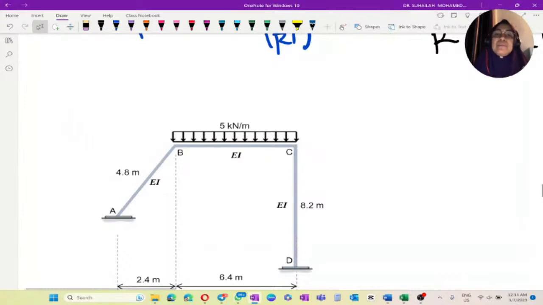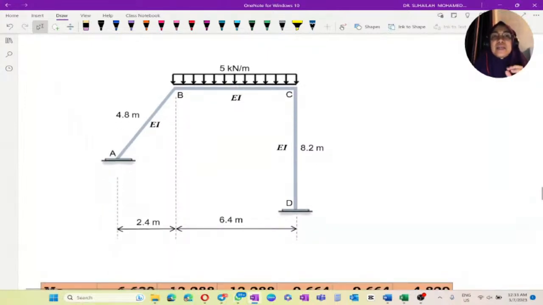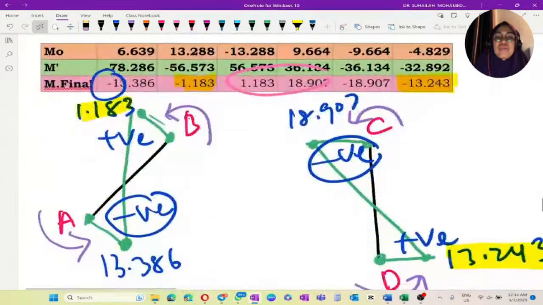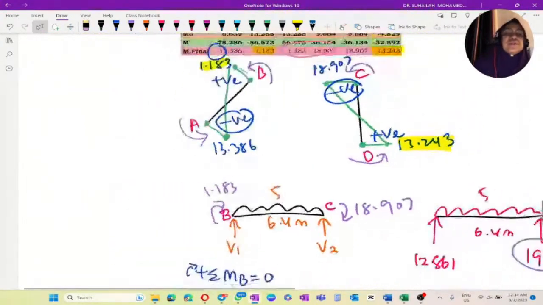However, for member BC, since BC is subjected to UDL, in the shear force diagram for member BC, we can identify whether the BMD for member BC has maximum moment or not. We will get the maximum moment which occurs at the intersection in the shear force diagram. Okay, hopefully it will help you to draw the diagram.